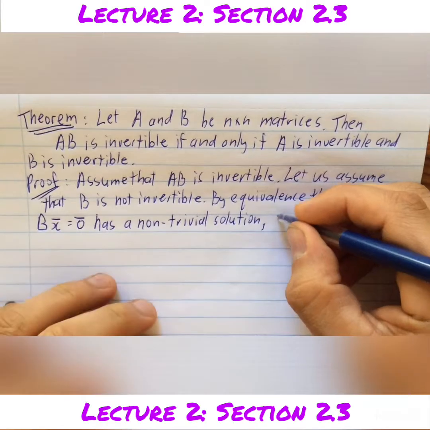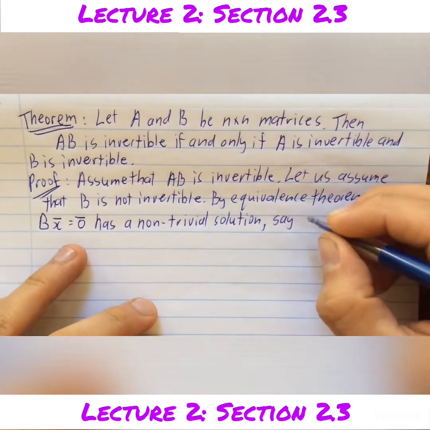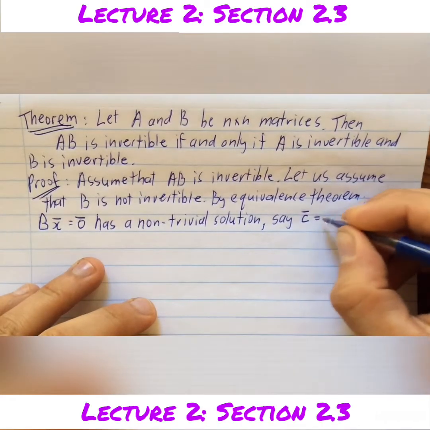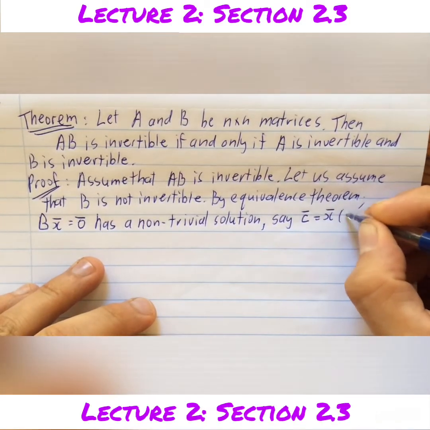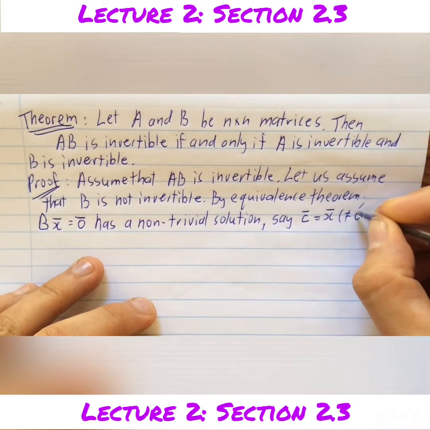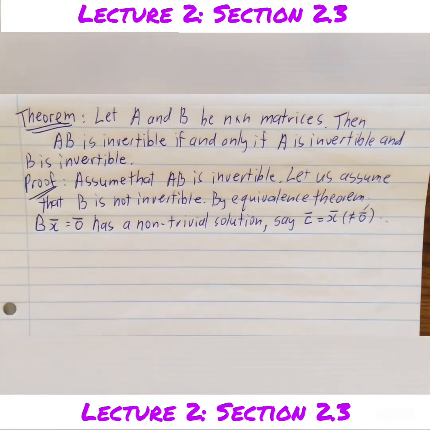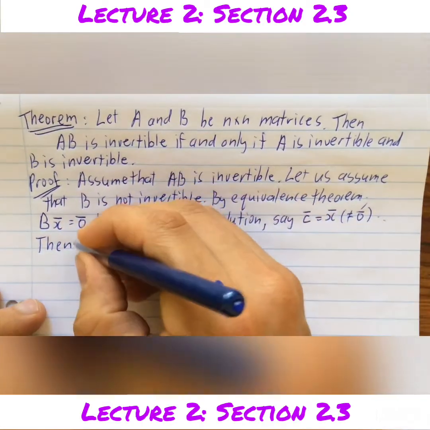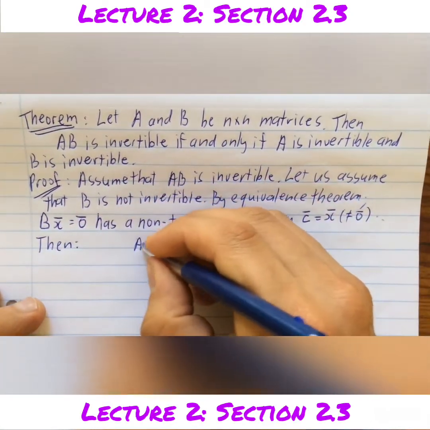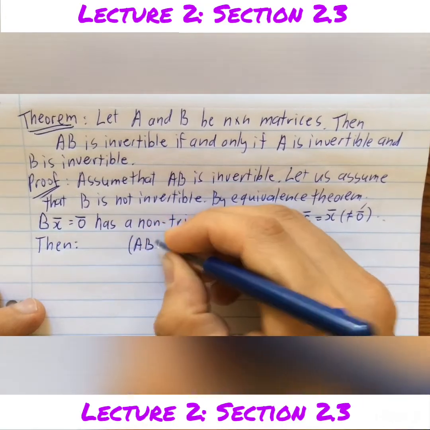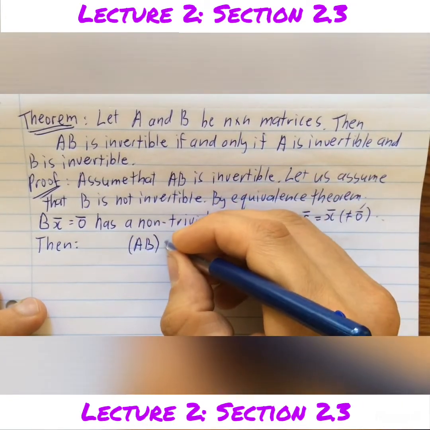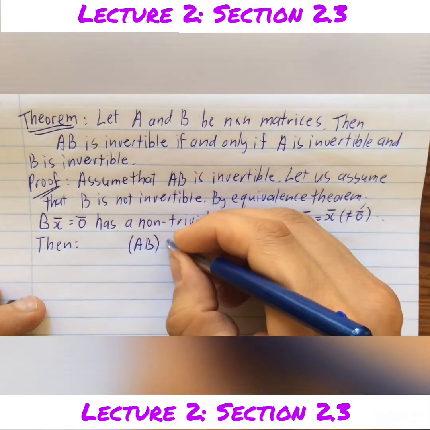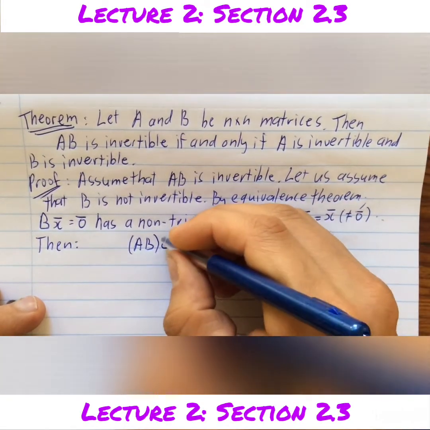Let's say C is a non-trivial solution, and that's not the zero matrix. Then let us consider the product between A and B, and let us look at this product here.